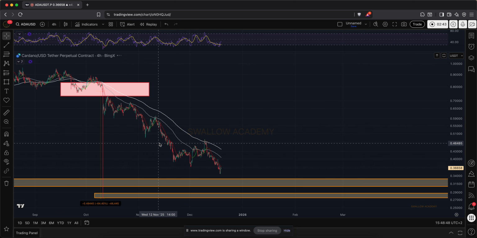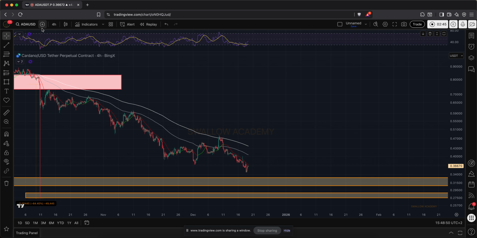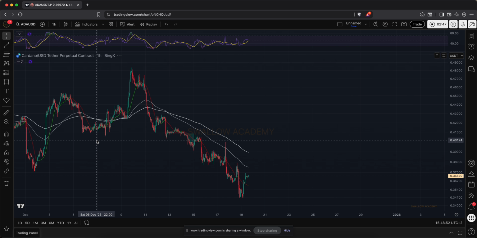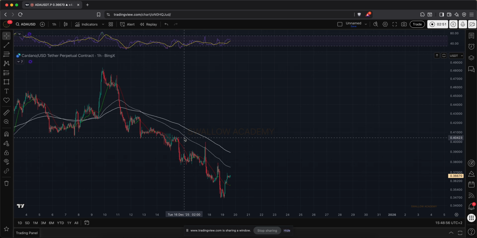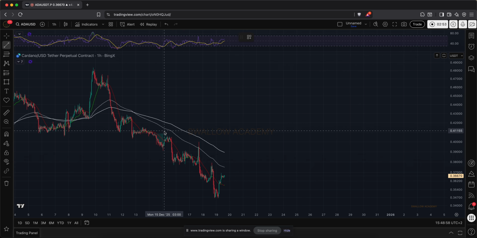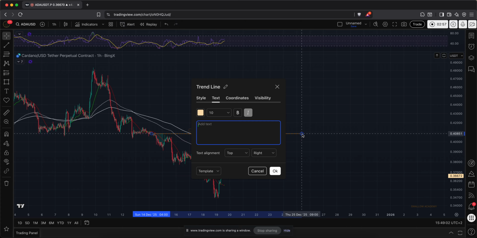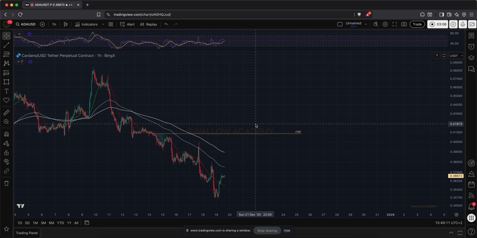Now, if we talk about smaller time frames, let's not go to the 4-hour time frame but rather the hourly. The first thing that catches our attention is always the CME gaps. This is the bullish CME gap, and you can see by the color that it's bullish.